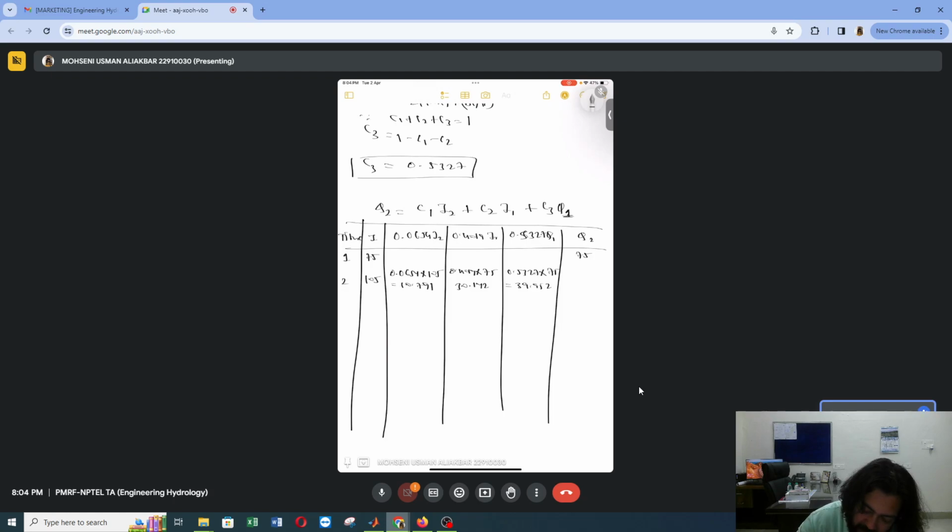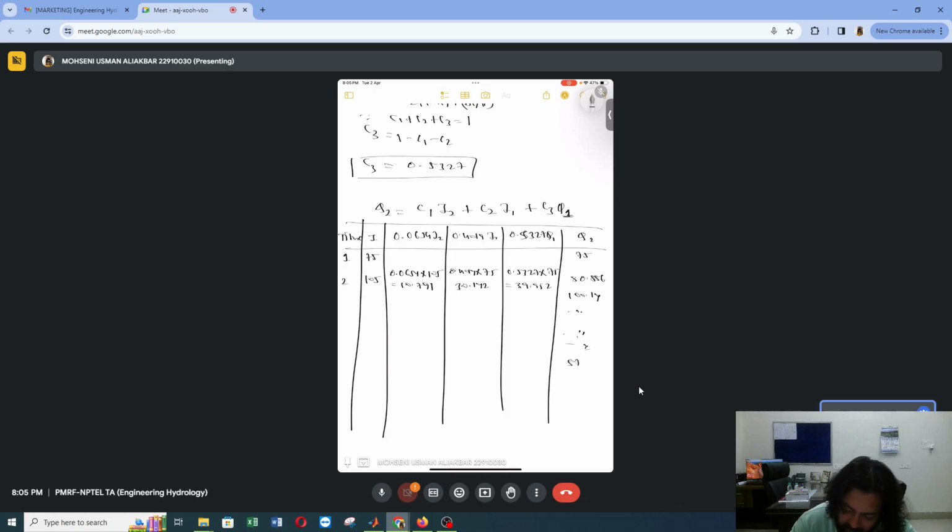When we add these three terms, we get the corresponding outflow. So this comes to be 80.886. Similarly, we apply this approach again and calculate the value of Q2, which comes to be 100.14, and so on for the remaining values.